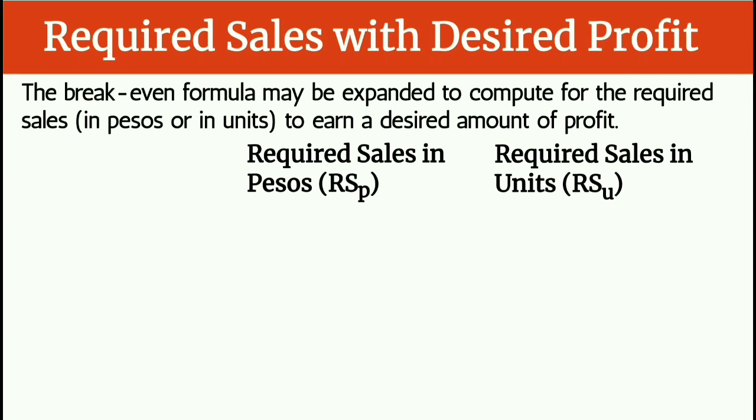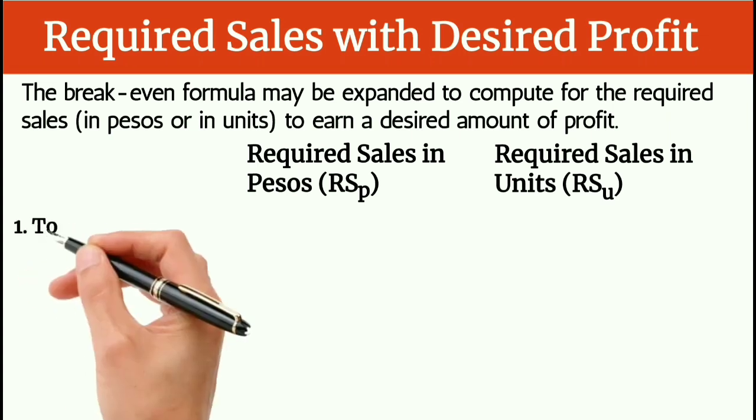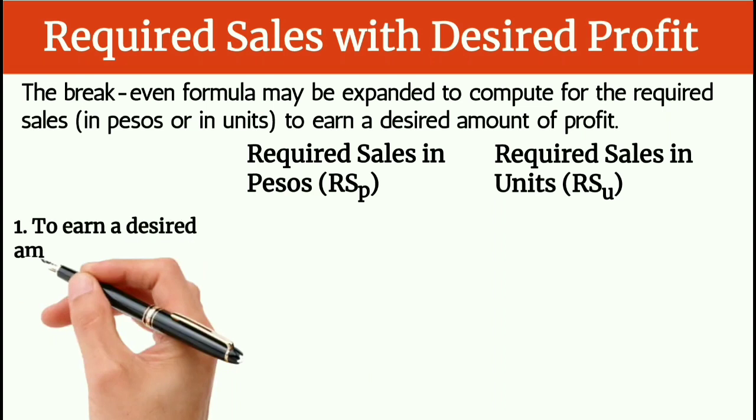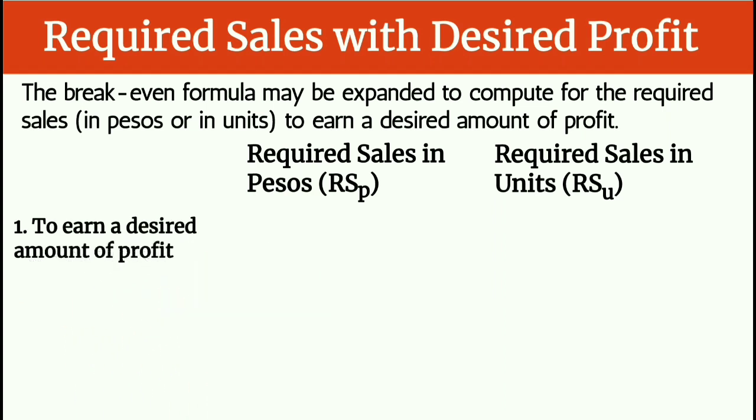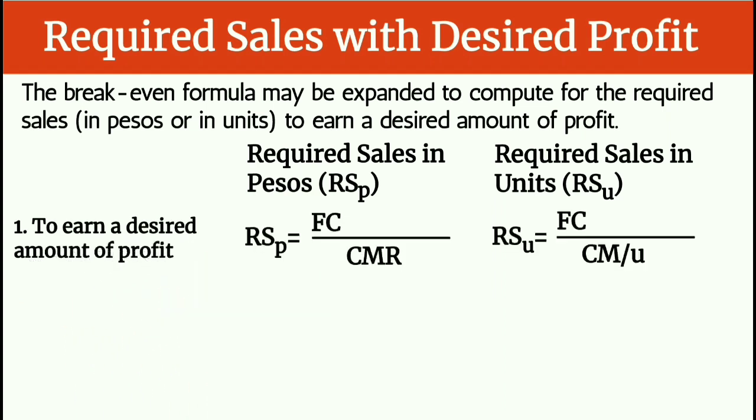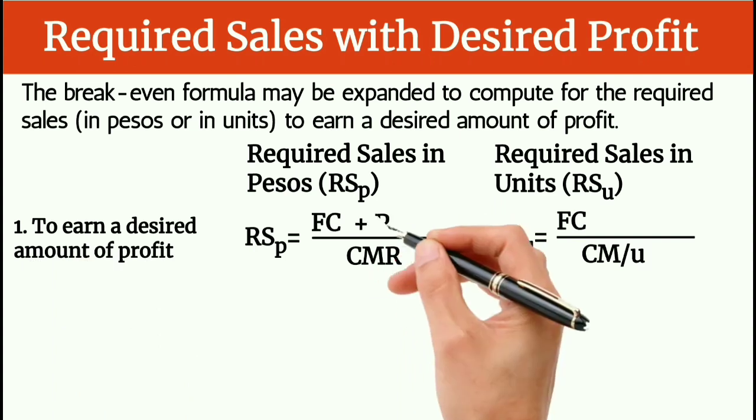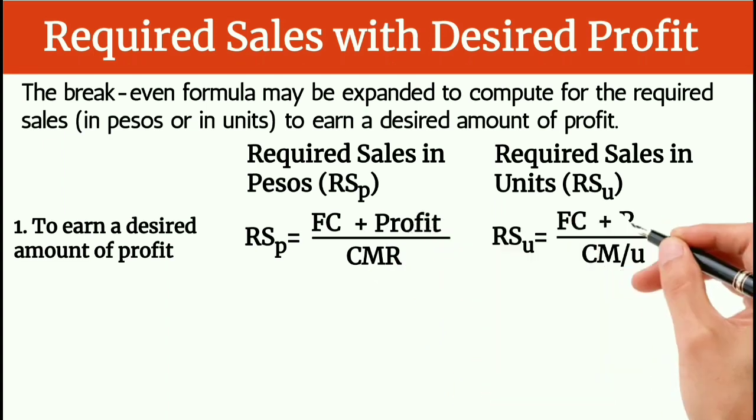Yung required sales in units naman, ilang units ba yung dapat na mabenta para ma-achieve yung desired amount of profit or target profit. To earn a desired amount of profit, ganon din lang yung formula. Yun nga lang, kailangang magdagdag ng profit sa numerator.